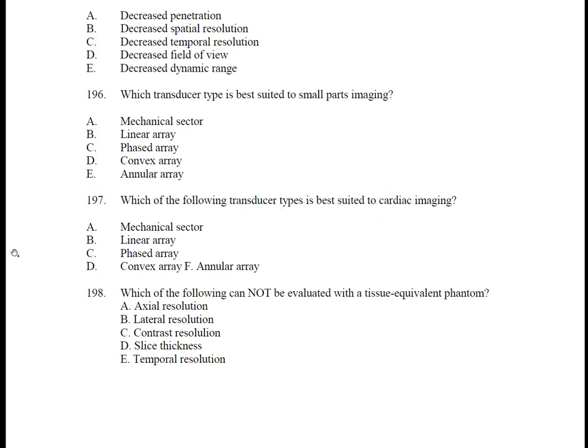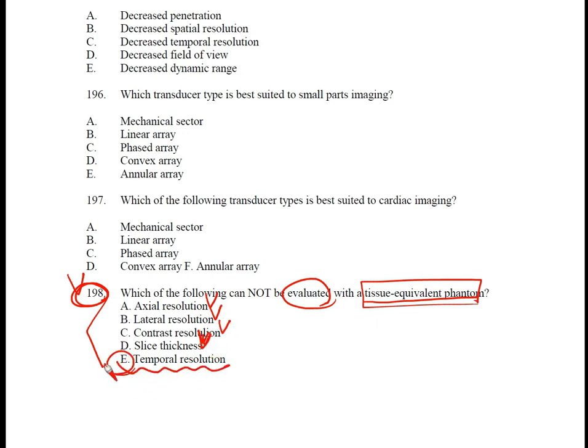Next, let's look at question number 198 below. If you look at the question, it asks you to select the item that cannot be measured using a tissue equivalent phantom. First of all, you need to remember this content itself. With a tissue equivalent phantom, you can measure axial, lateral, contrast, and slice, but you cannot measure temporal resolution.